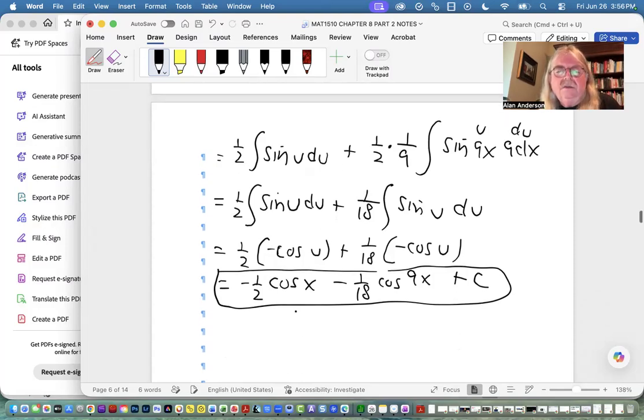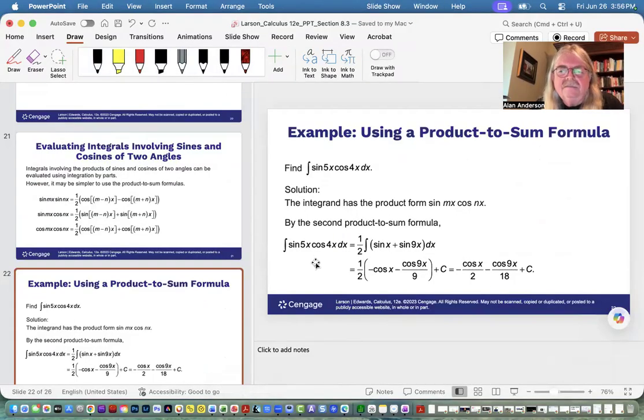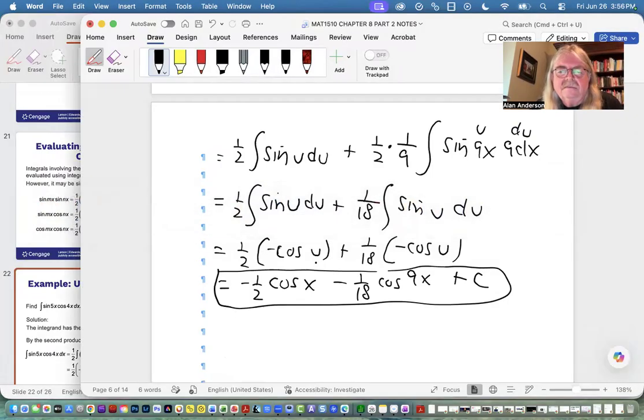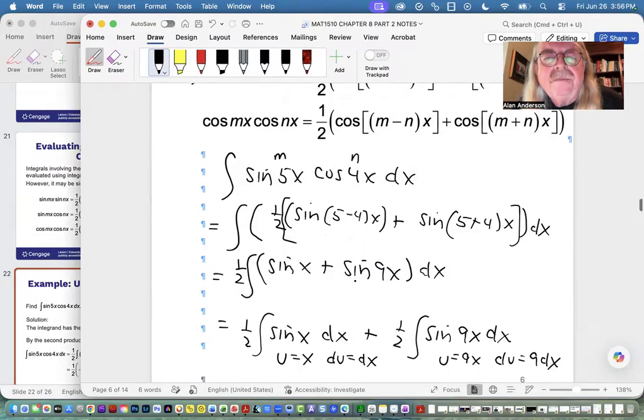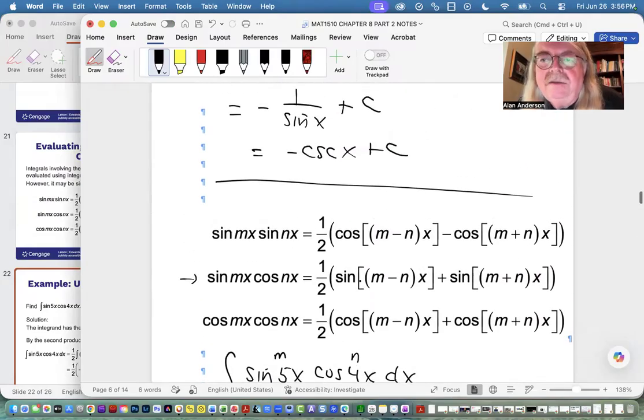All right. So let's see how we did. Yeah, that's it. Okay, excellent. So what we had to do here was recognize, we've never seen this before, but because it's not exponents anymore, it's sine of something other than just x, 5x in this case, and 4x. We can use these rules here.